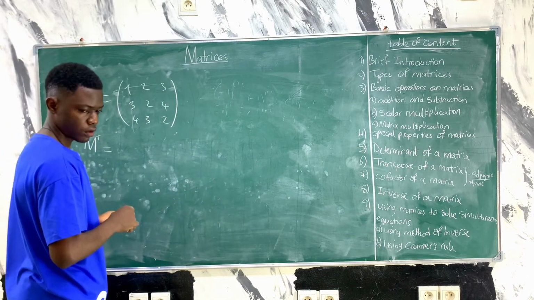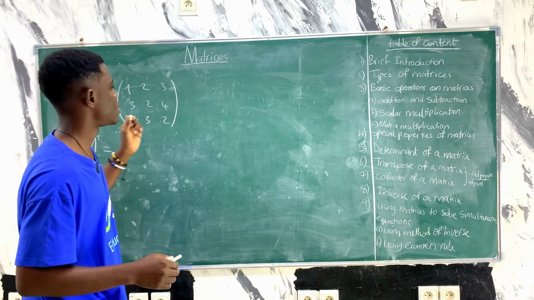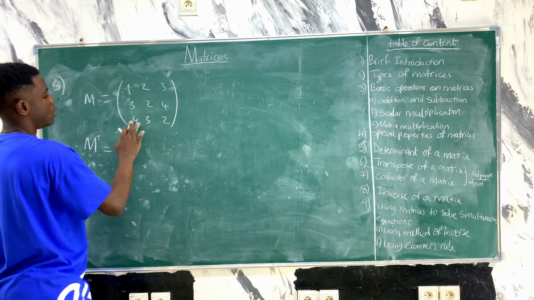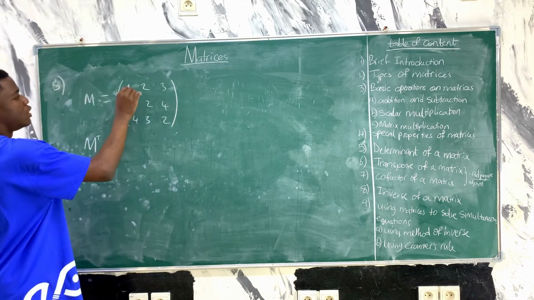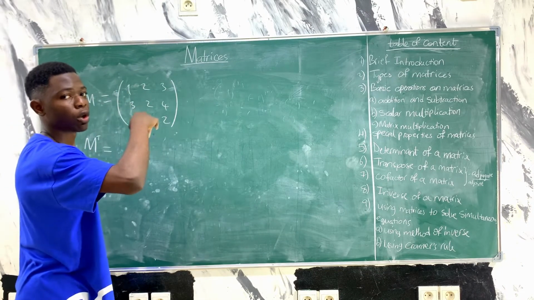What am I doing? That's for cofactor. Okay, to find the transpose of a matrix, what do you do? Columns, and all of the columns become the rows.